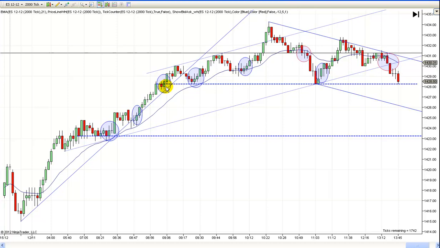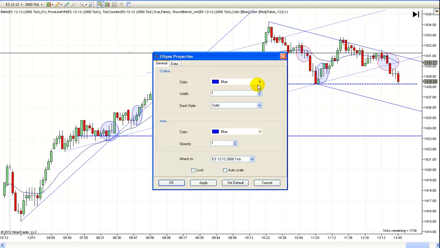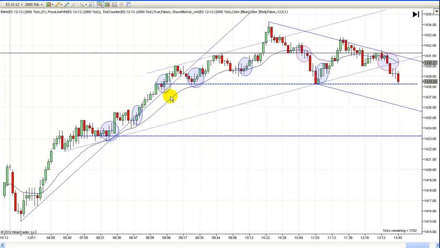And I drew another one here. This was a really risky, actually this one should have been green. This was a really risky trade, because notice how far we are away from the EMA, but you got a little trap right there.